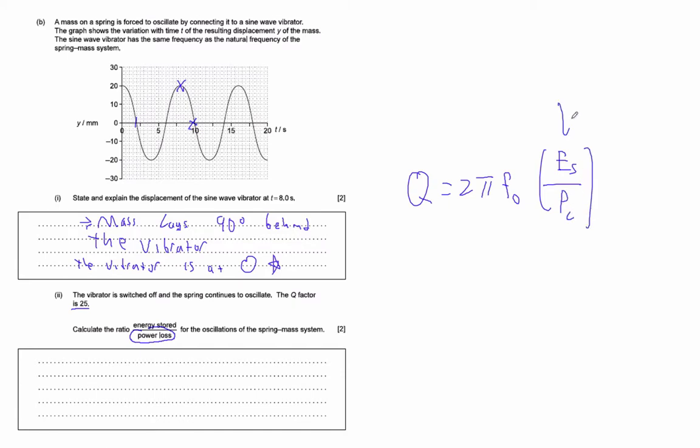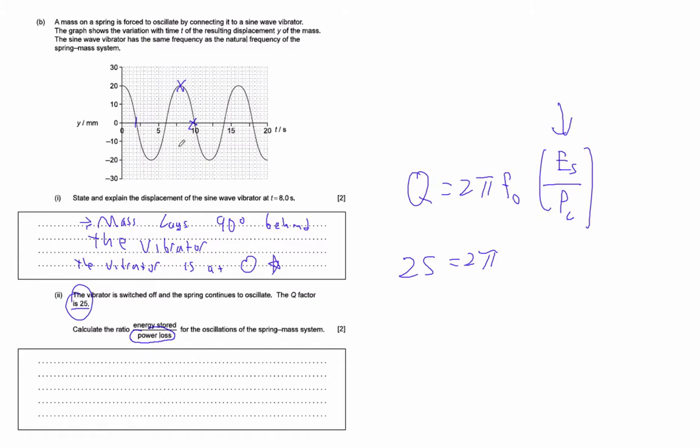And they just want us to find this ratio right there. And that's just simply going to be Q divided by 2 pi frequency naught. So we're going to plug in 25 for our Q. That equals 2 pi. And then what is our frequency?